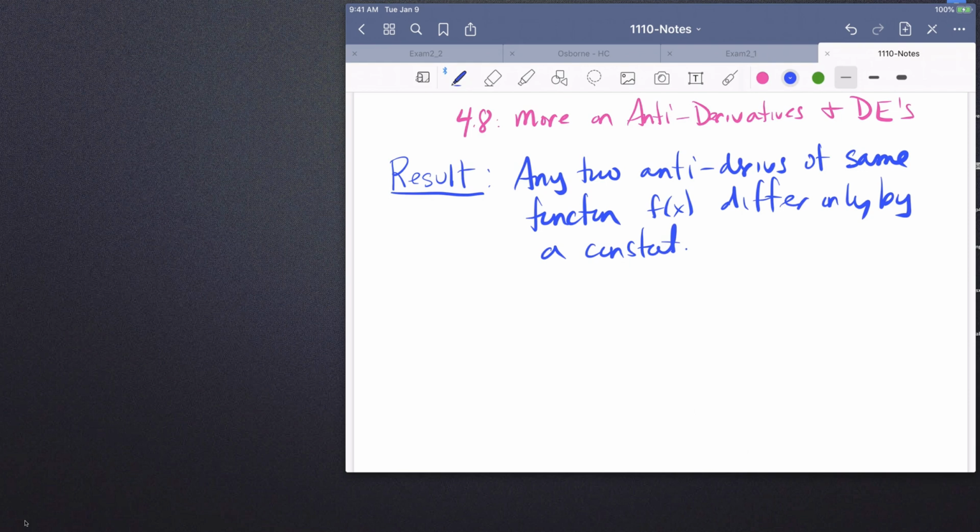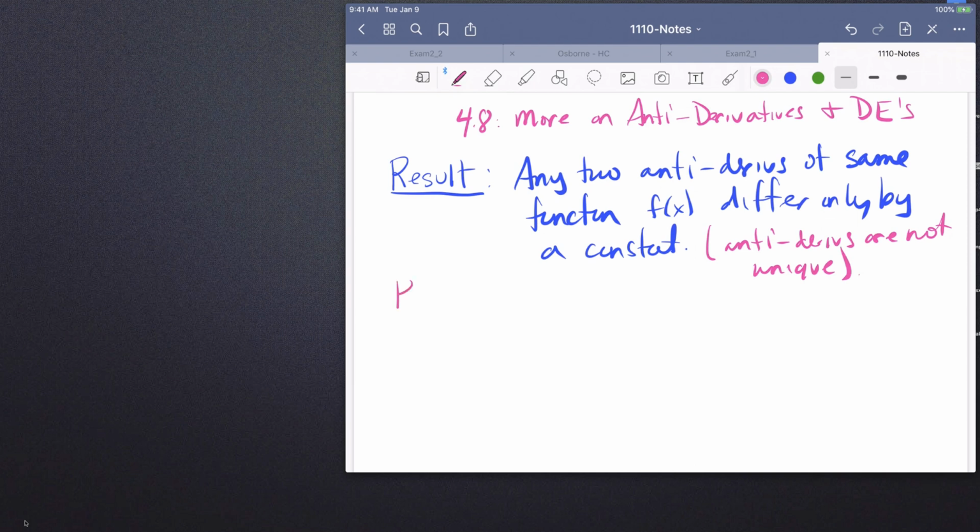This is a very important result, and it goes along with the shorthand that antiderivatives are not unique. There's a whole bunch of antiderivatives to a single function.